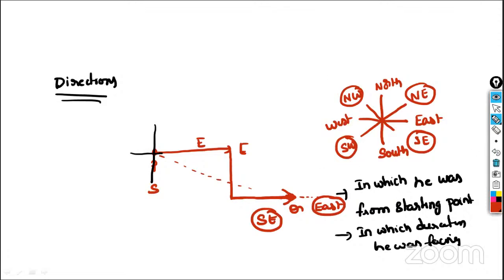So here some diagrams we have to note. Already we know north, south, east, northeast, northwest, southwest, and southeast.